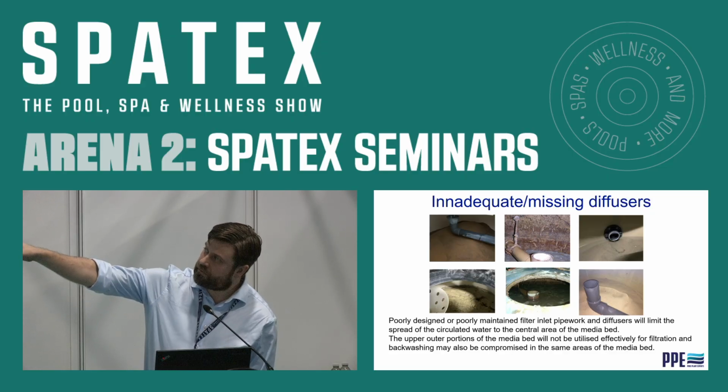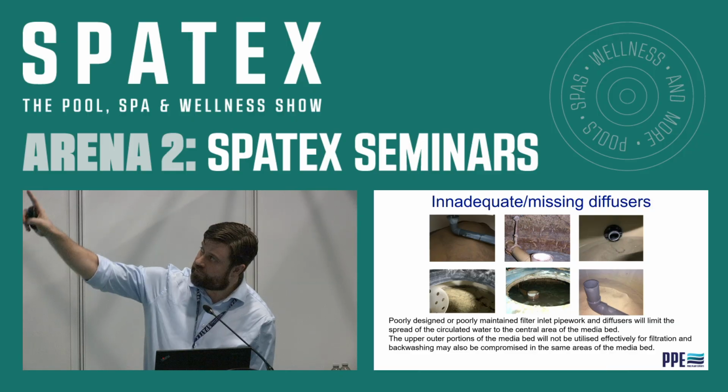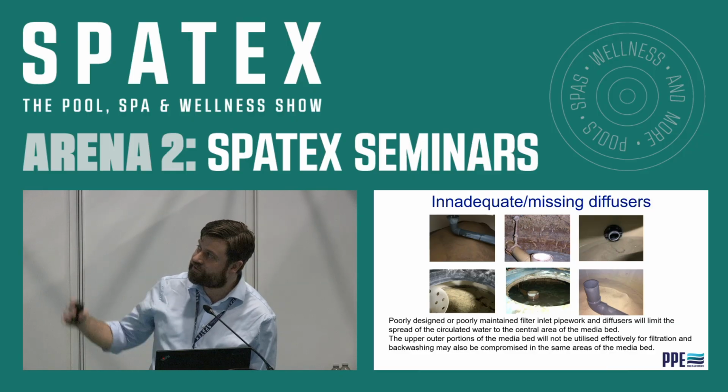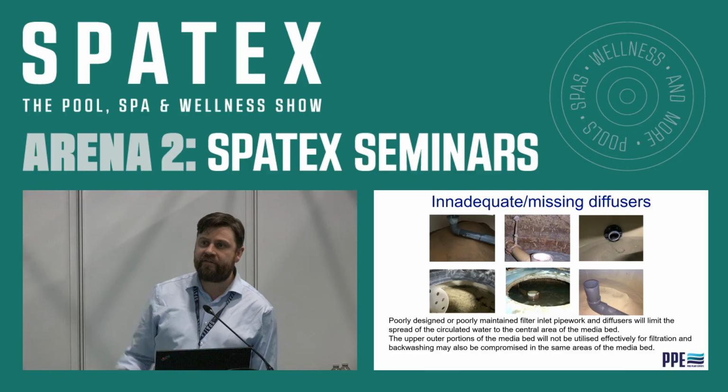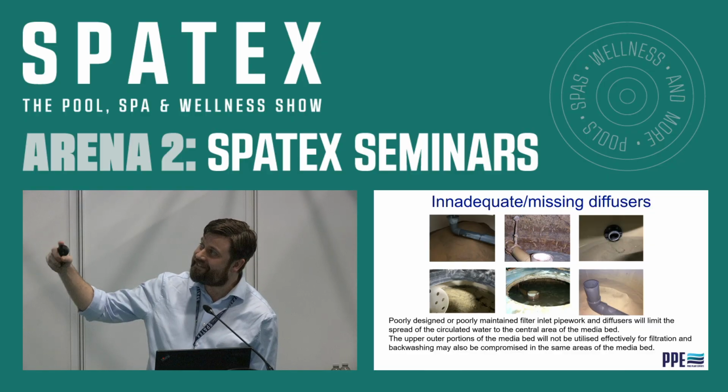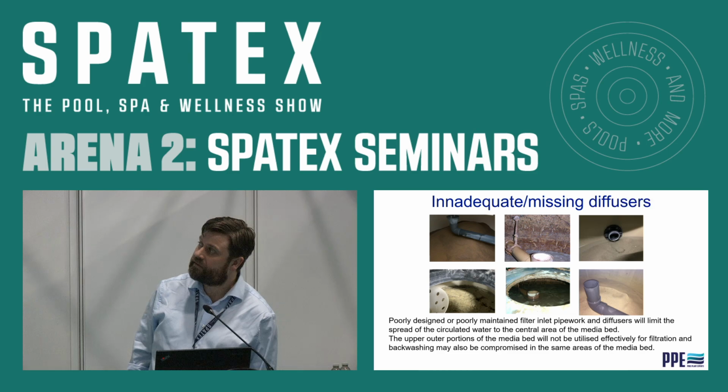The filter in the middle, we can see that with the photo on top, this was about a year apart in between doing the filter internal assessments. So within a year, it's really degraded in a very short matter of time.